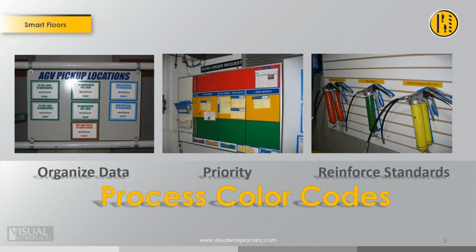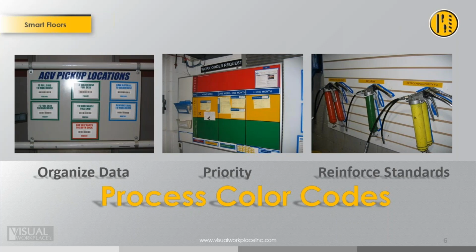They're primarily the foundation of all the little mini visual systems that we see in our daily work every day. Without these standards, we spend a lot of time looking for things, and we waste a lot of motion. There's a lot of rework, so we're always looking for ways to communicate standards via color code. As you see here, this center image is just a simple work order request board.